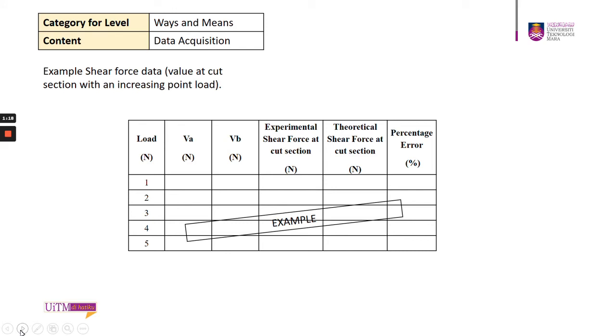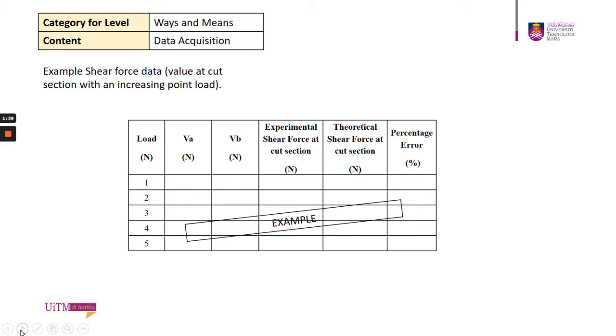Based on this experiment, you have to find out your own data for this particular information and tabulate the data for at least 5 readings.